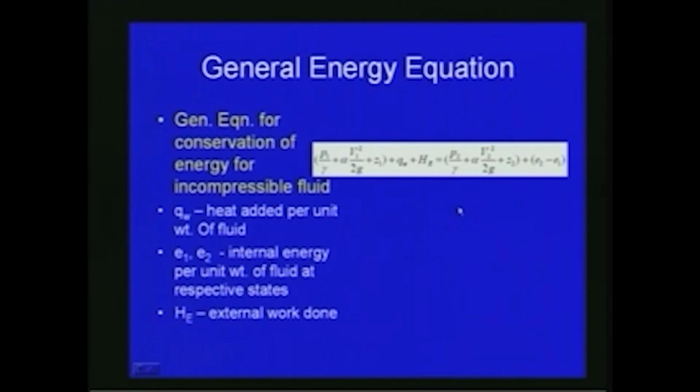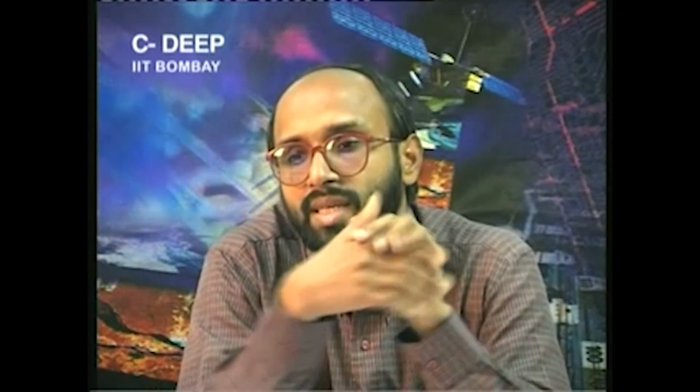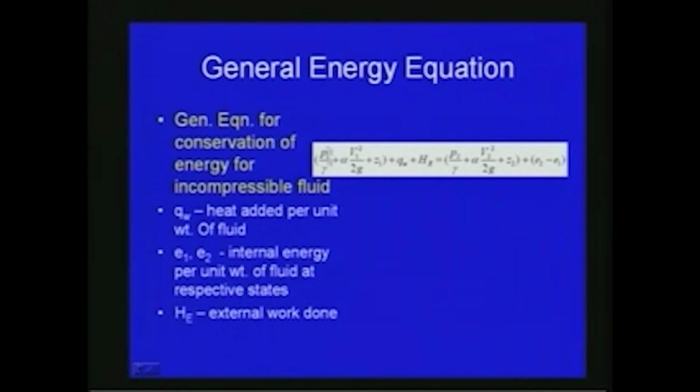Even though we have seen the symbolic form of the Bernoulli's equation, when we solve practical problems, we have to see what work or energy is added, or any losses of energy due to various aspects like internal energy, any heat added. All these things we have to consider, and the final form of the equation when we consider the conservation of energy is as shown here.